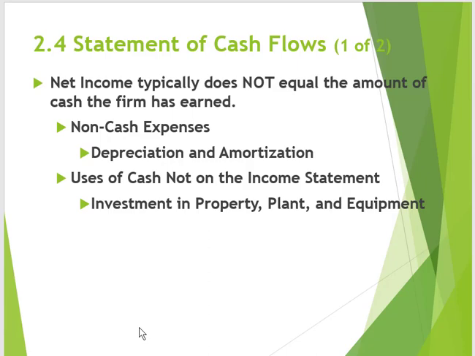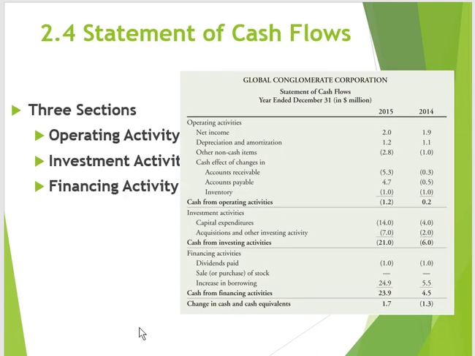Well, management essentially makes three kinds of decisions. They make decisions on running the company, so there is a section of the statement of cash flows that shows cash from operating activities. There is a section that represents cash from investing opportunities.